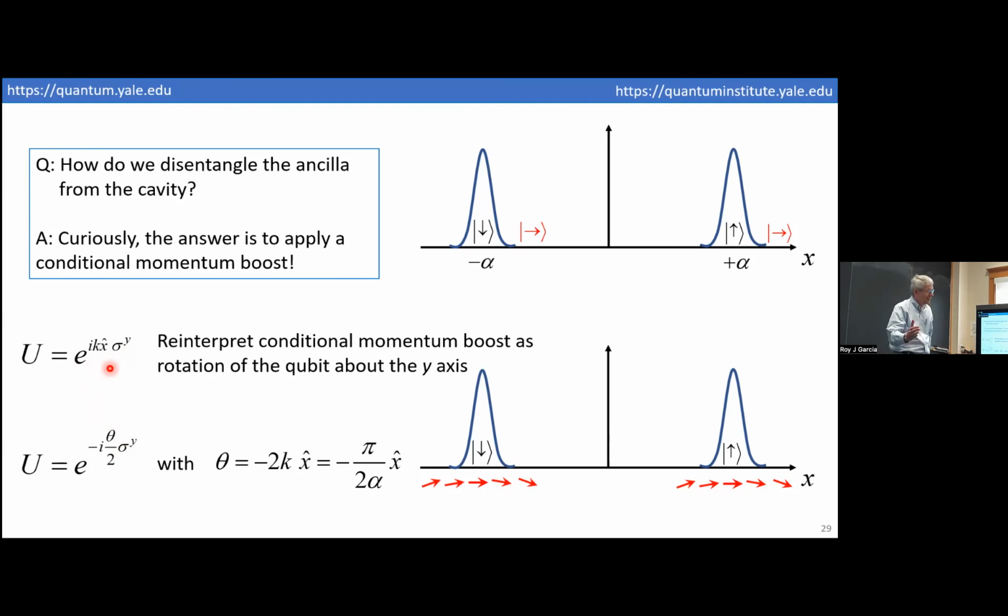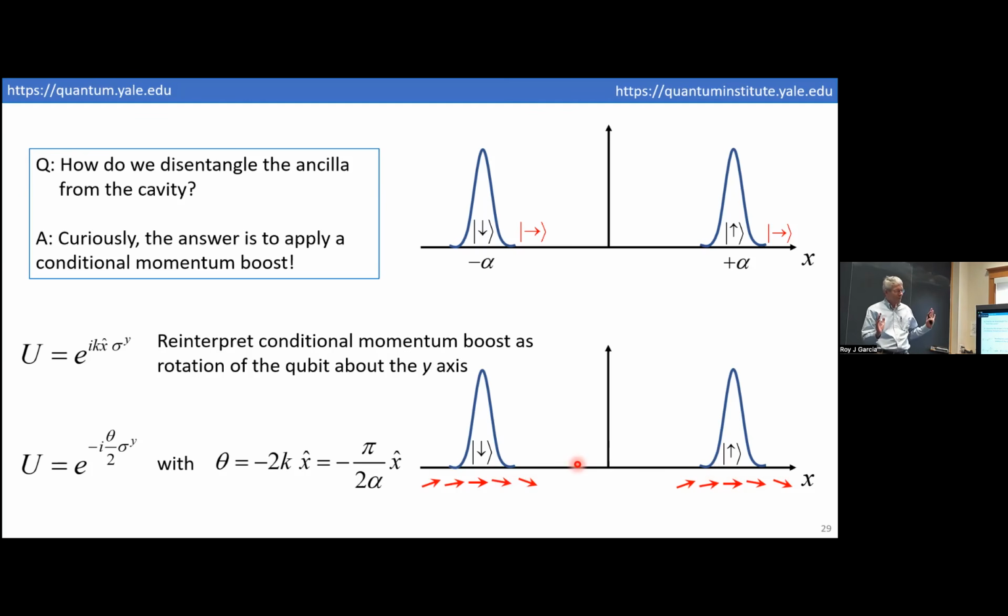It's conditioned on the state of the oscillator. Okay. Well, that's almost the right thing, because if I choose k to be pi over 4 alpha, then if x is plus alpha, I get exactly the rotation I want. If x is minus alpha, I get exactly the rotation I want.